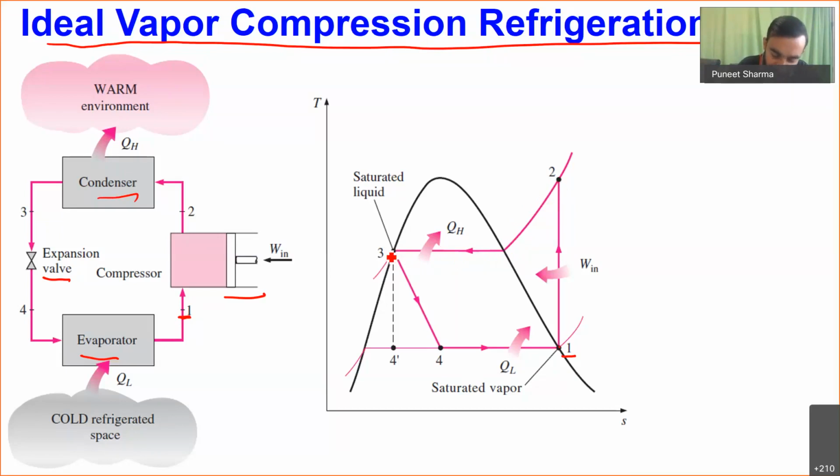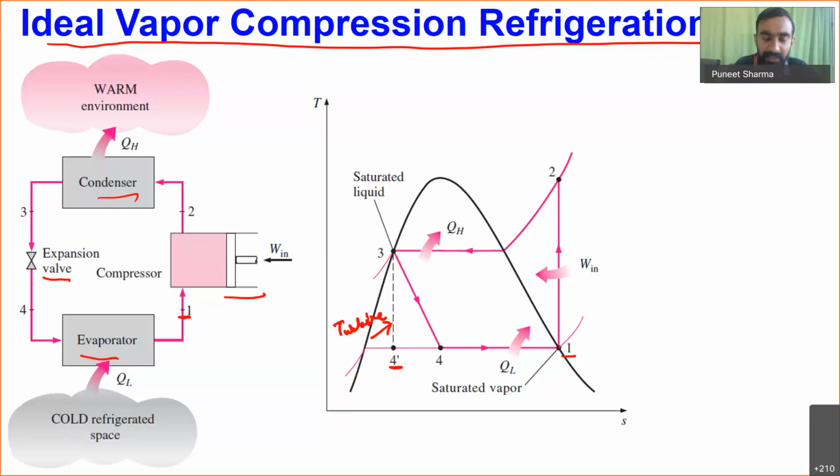At point number 3, if we were using the turbine, we could have this expansion process from 3 to 4 dash, because expansion in the turbine is nothing but isentropic. So the 3 to 4 dash line corresponds to the turbine, and this line 3 to 4 corresponds to the throttling device.